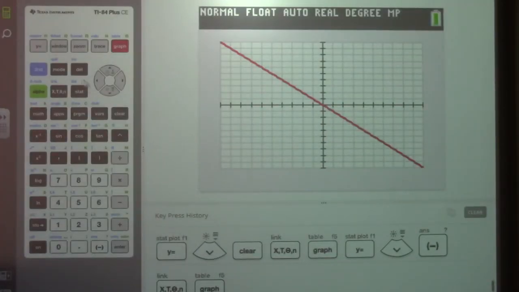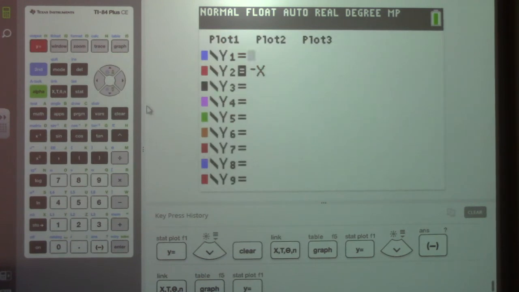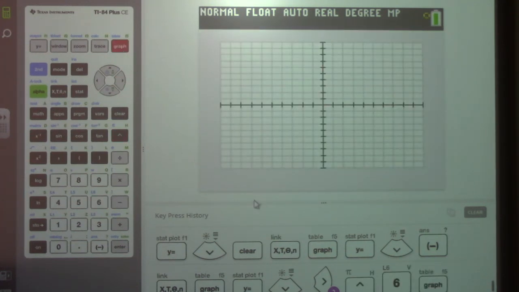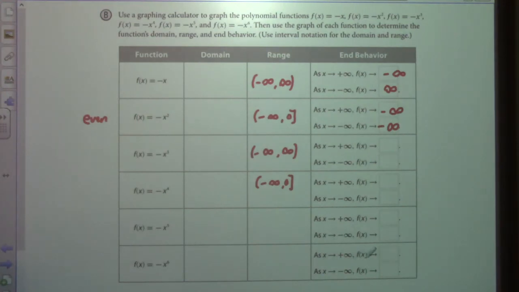Okay, and I'm going to go down to this last one here, the sixth. So I'm going to put negative x to the sixth. What is that one going to do? Starts low, ends low. So as x approaches infinity, f of x approaches negative infinity. As x approaches negative infinity, f of x approaches negative infinity.